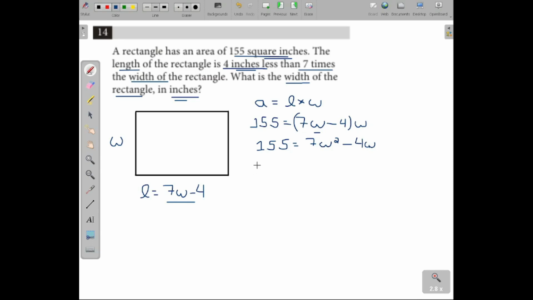Let's order this equation. 7 times w square minus 4 times w minus 155 is equal to 0.